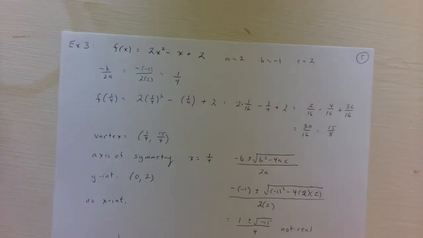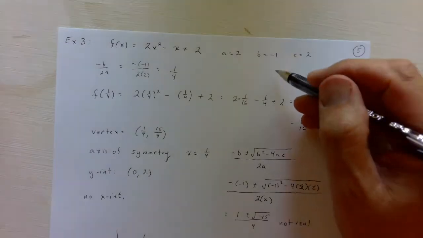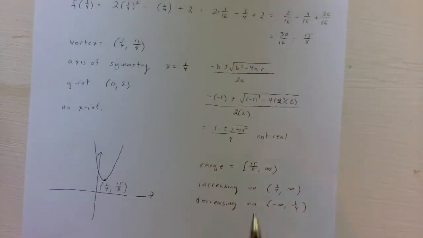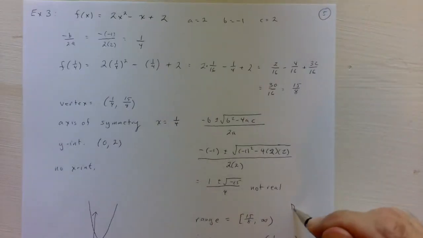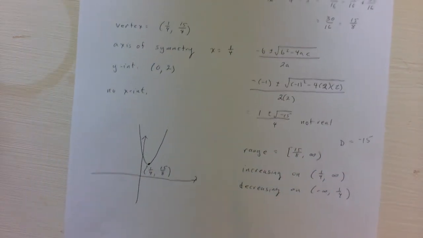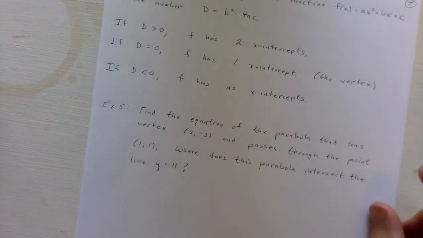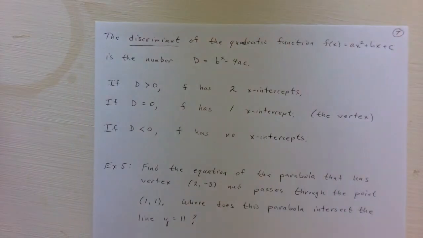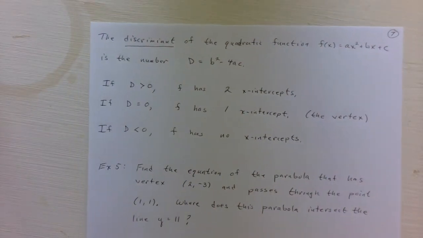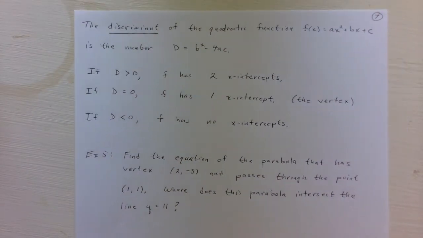In example 3, the discriminant turned out to be negative 15, and that's why we had no x-intercepts. There are some other interesting applications of the discriminant when you get into higher algebra.